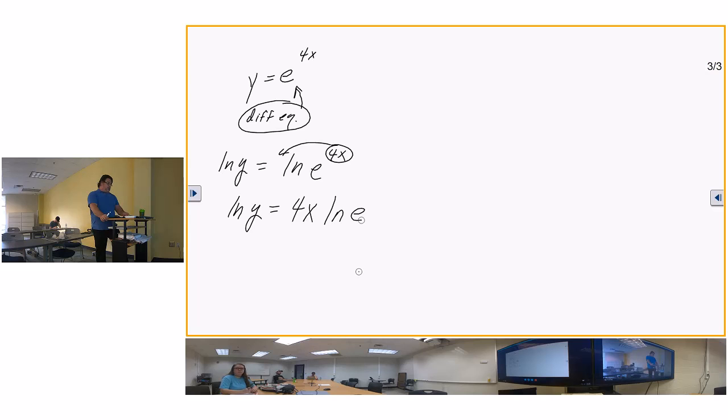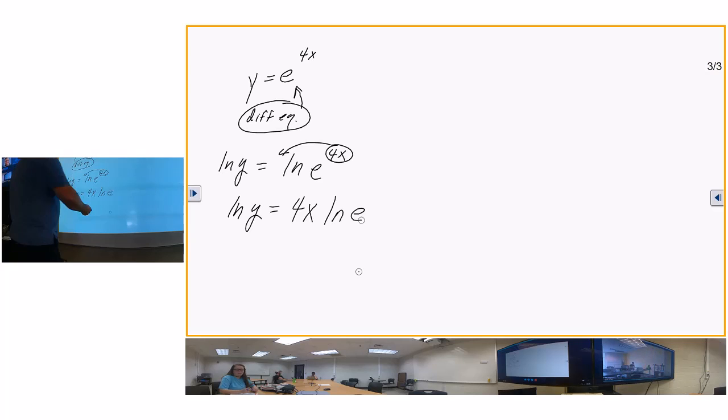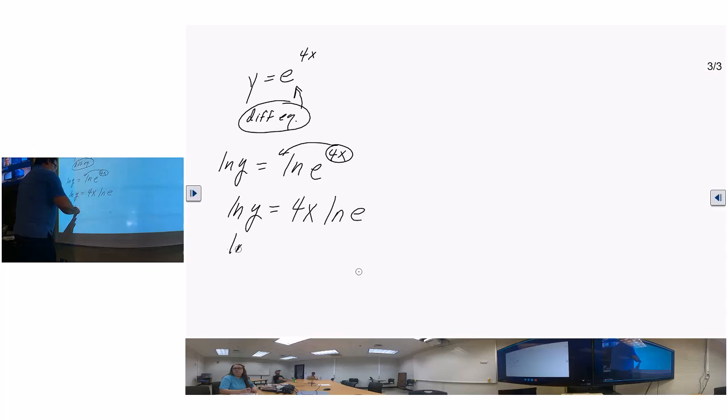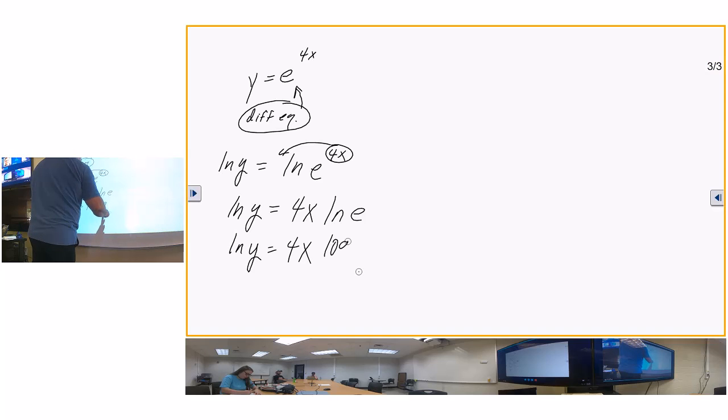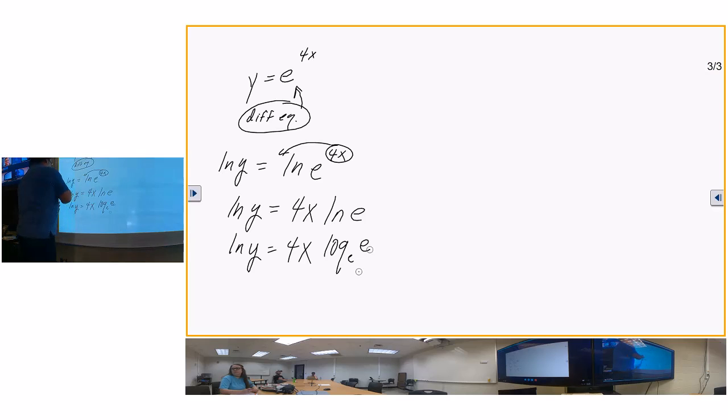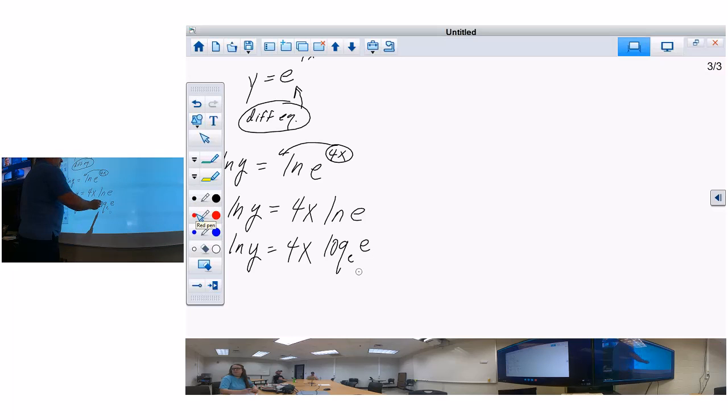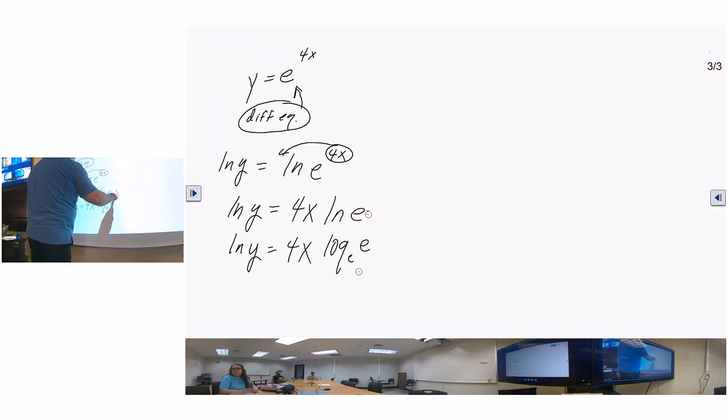Now, what is the natural log of e? Do it in your calculator. It's 1. Okay? The natural log of y is equal to 4x times log base e of e, and this goes out to what? 1.